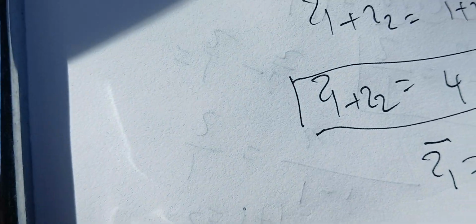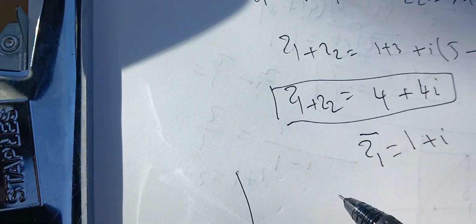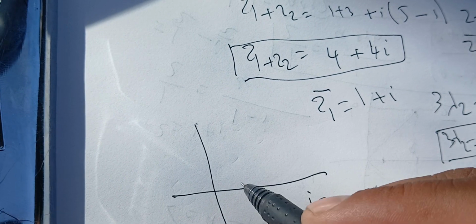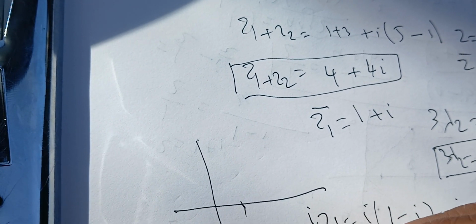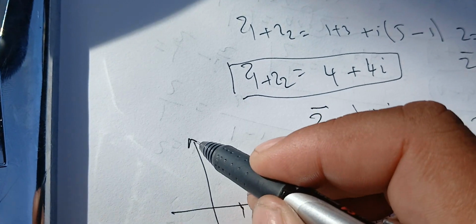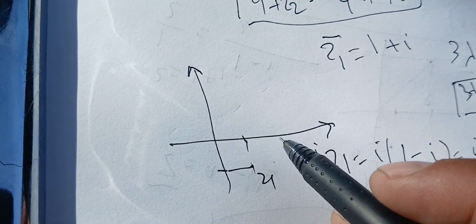Another thing that we can do is graph these numbers. So what's z1 here? z1 has 1 and minus 1. So this is z1 in the complex plane. What's z1 bar?